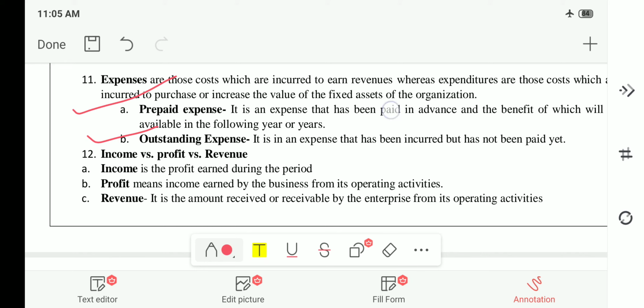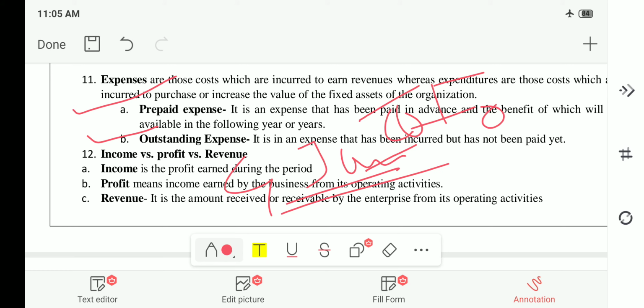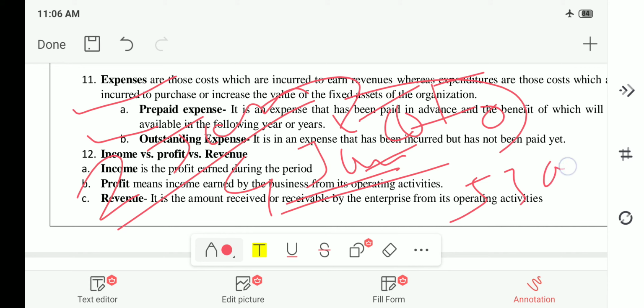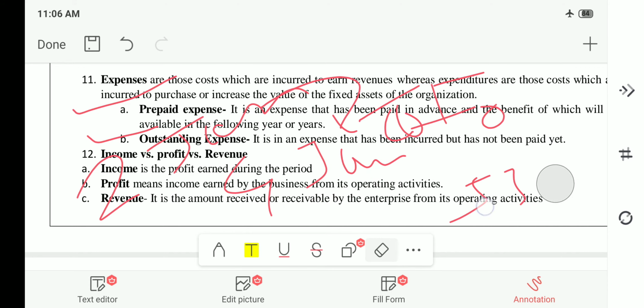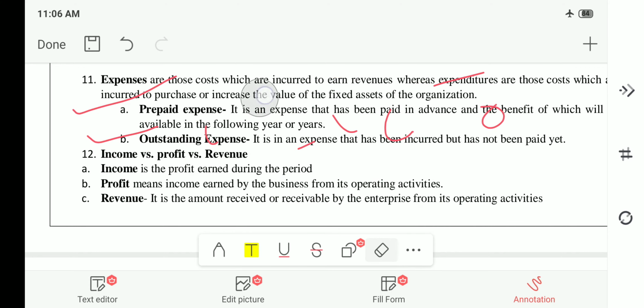Just imagine that you have a two-wheeler bike, and the insurance of this bike is due on 4th January. But I am renewing this insurance on 2nd January itself, and I am getting the benefit of this insurance on 5th January. That is, I am prepaying the amount in order to get the benefit on a future date.